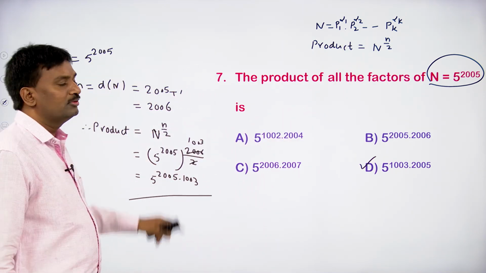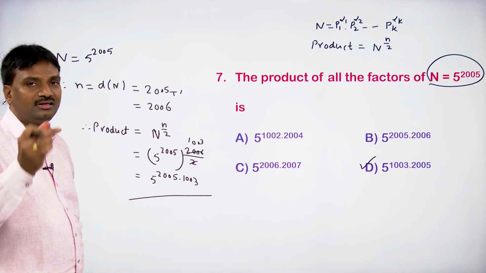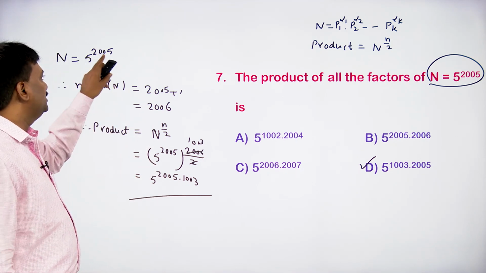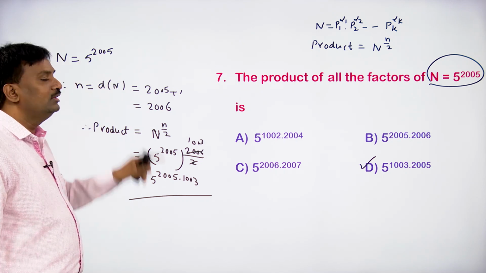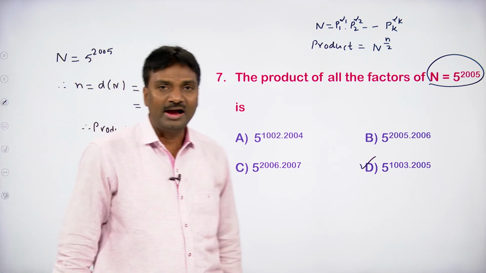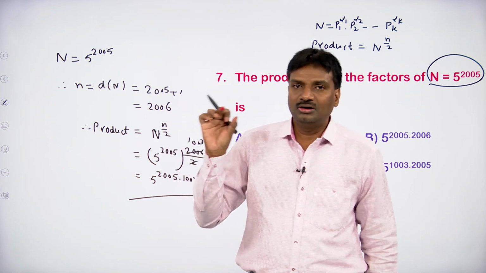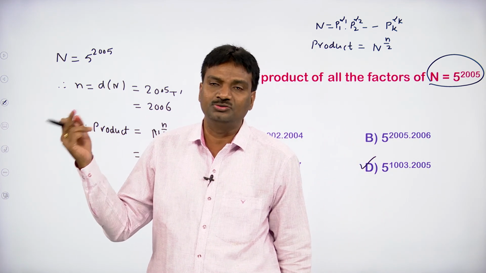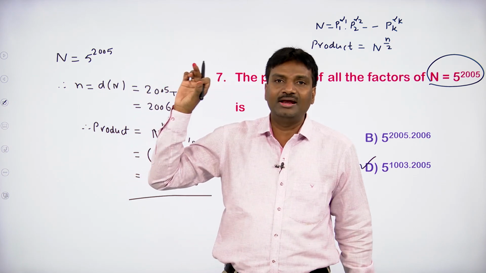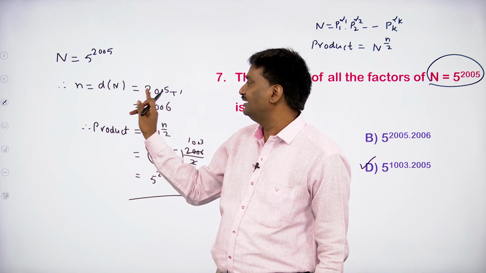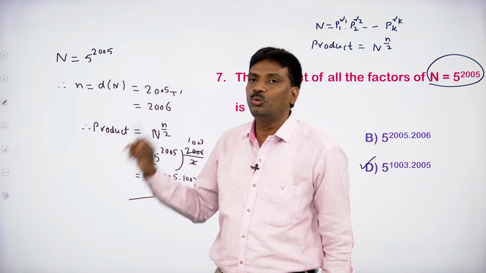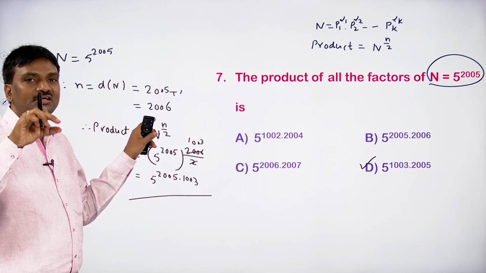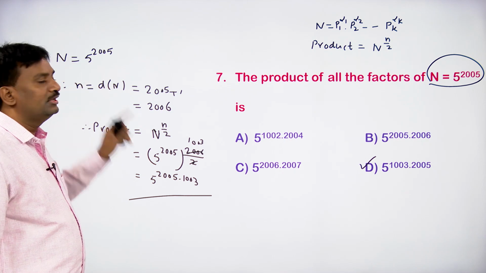So n equal 5 power 2005, already in the form of p1 power alpha 1, where alpha 1 equal 2005. By the formula for the number of divisors, alpha 1 plus 1 into alpha 2 plus 1 and so on, but here we have only one number, 2005. So alpha 1 plus 1, 2005 plus 1, that is 2006. This 2006 represents the number of divisors of n.